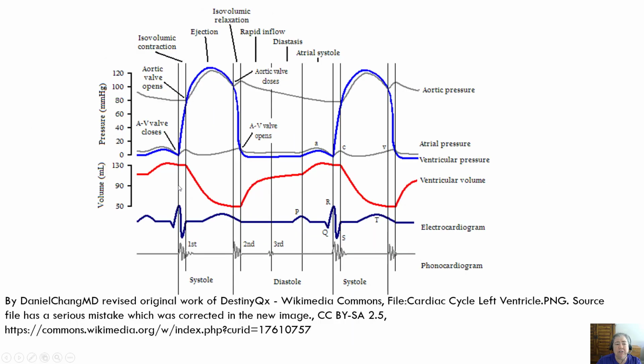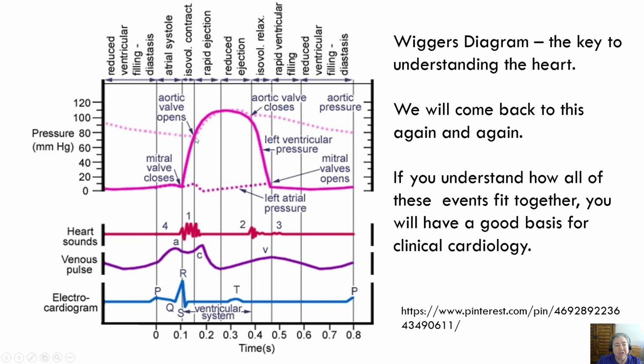So pressure is going up very quickly, and that is sometimes called isovolumetric contraction. Once the aortic valve opens, you get rapid ejection. A lot of blood is flowing out at pretty high pressures. Eventually, much of the blood has been ejected, and flow is a little slower.